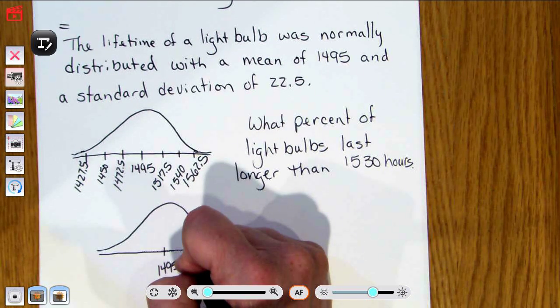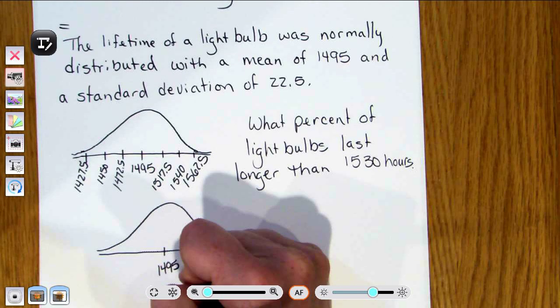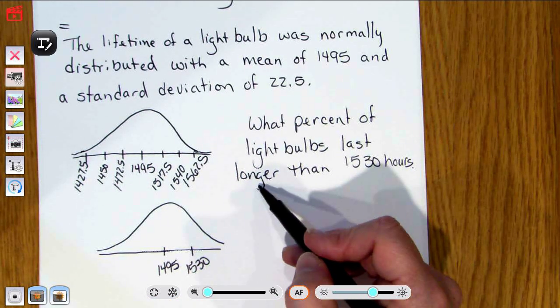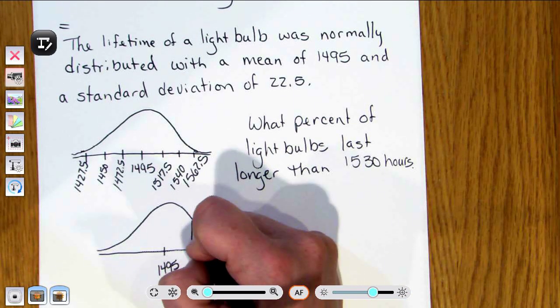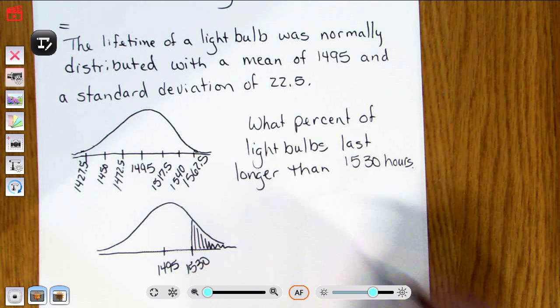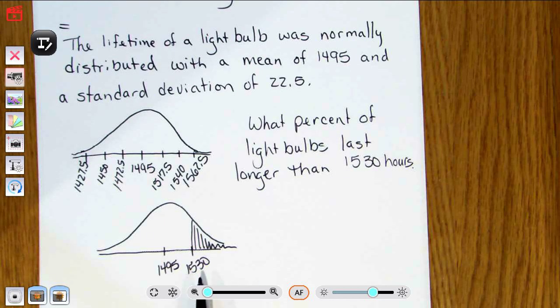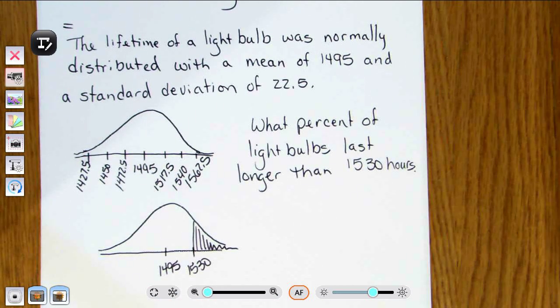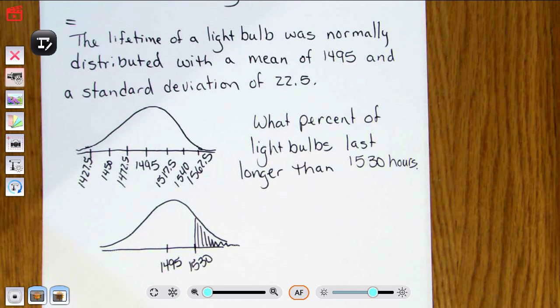It is on this side of the 1495 because it's bigger, and I want lasting longer, so that means looking at all of these values up here. We will notice that this 1530 is not one of our magic numbers, so we cannot use that 68, 95, 99.7 rule.